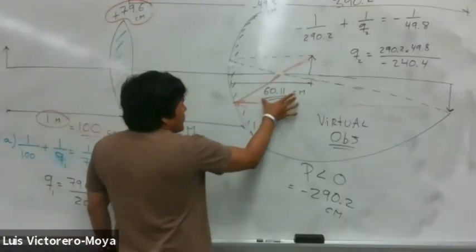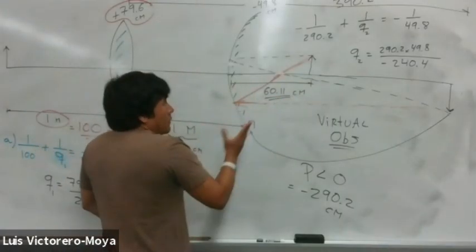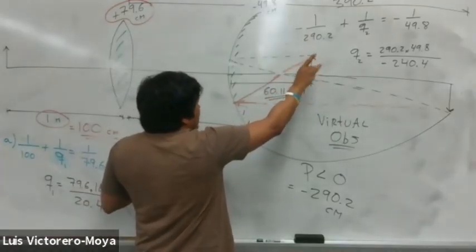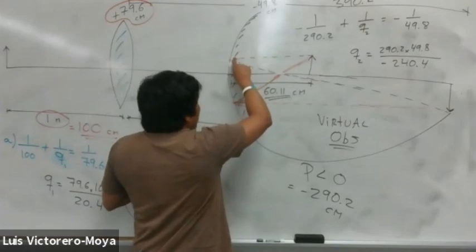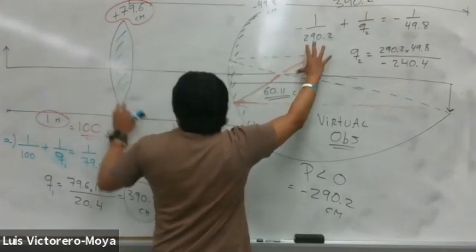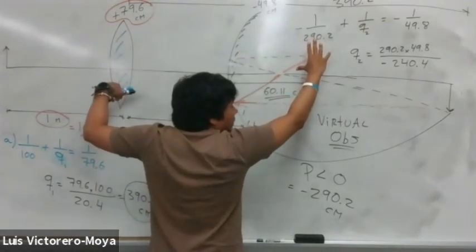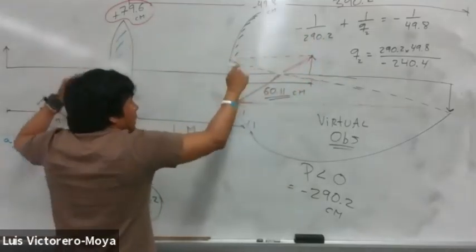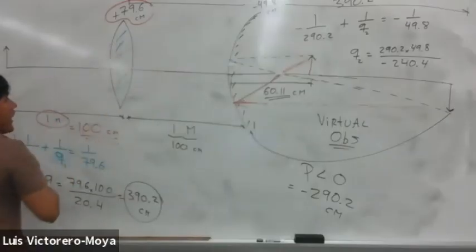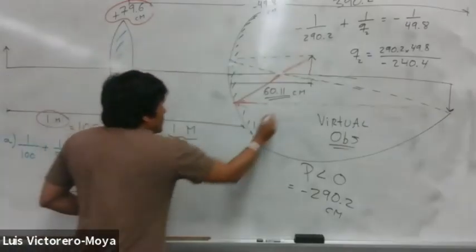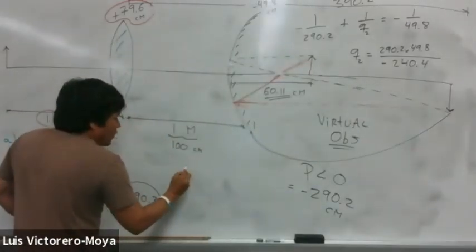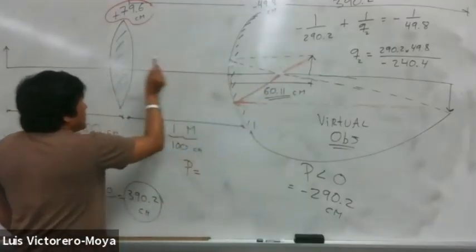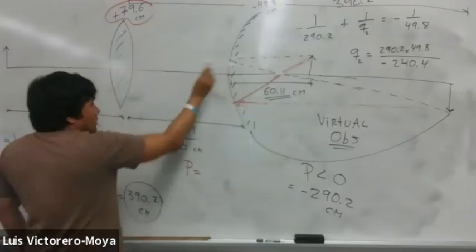I remember getting to this point. What we missed, because this is not the final image. You will think that's the final image, but it cannot be, because that's still within the mirror. You have to remember that this image can be projected on this lens. That's something that happens with mirrors and lenses. So we will get this new object distance, which is positive now, because that's the image for this lens now, not for the mirror.